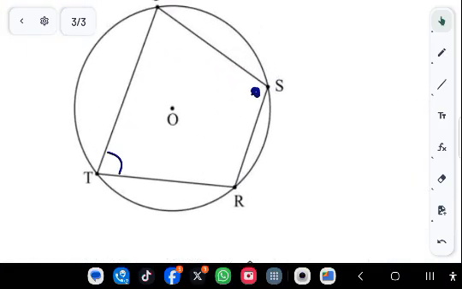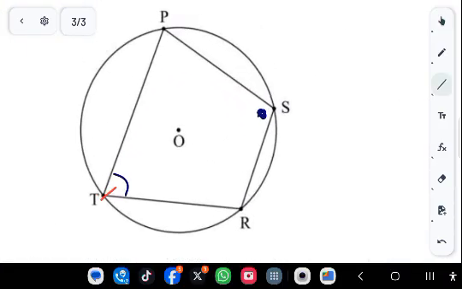So what is the construction? We make a construction. We are proving the other ones now. Let's join PO and RO.